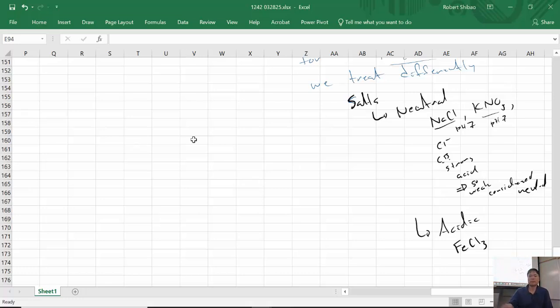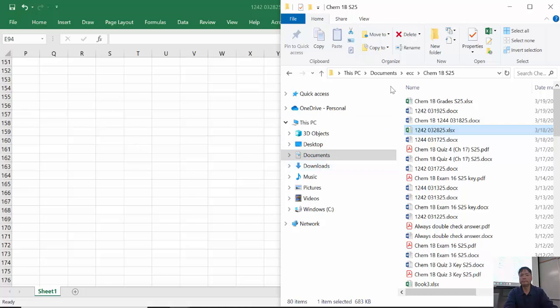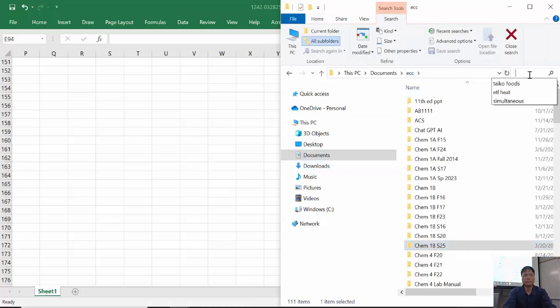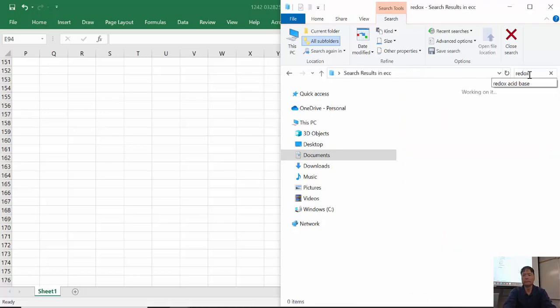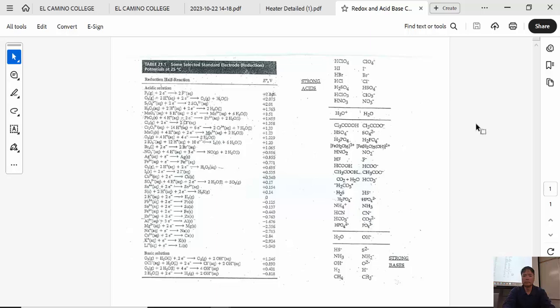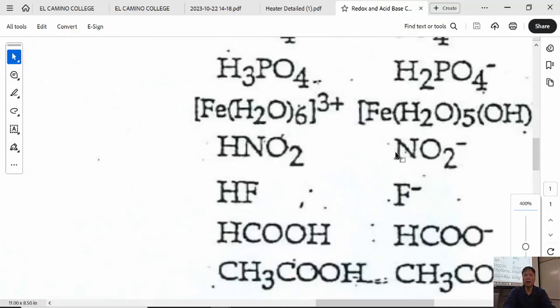Actually, maybe I should bring up the acid chart here. It's probably easier to see. Let me bring it up. Do you see iron?